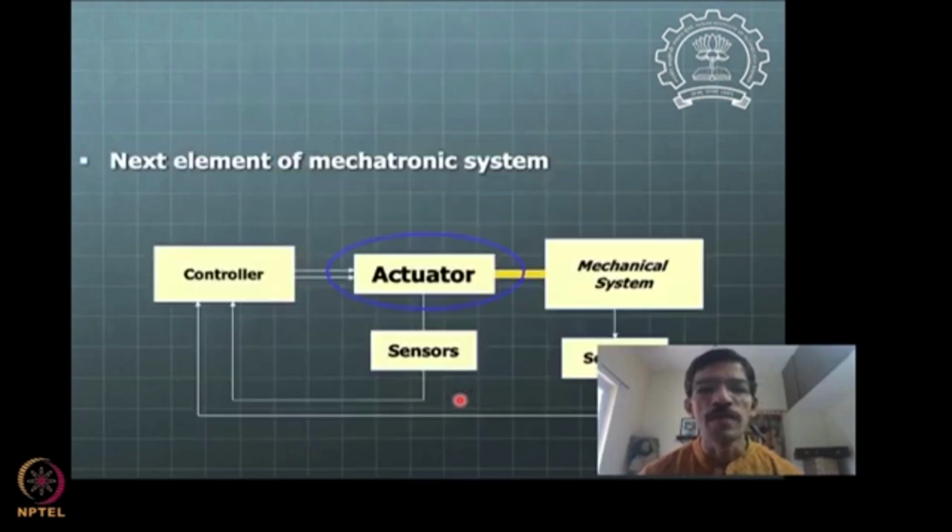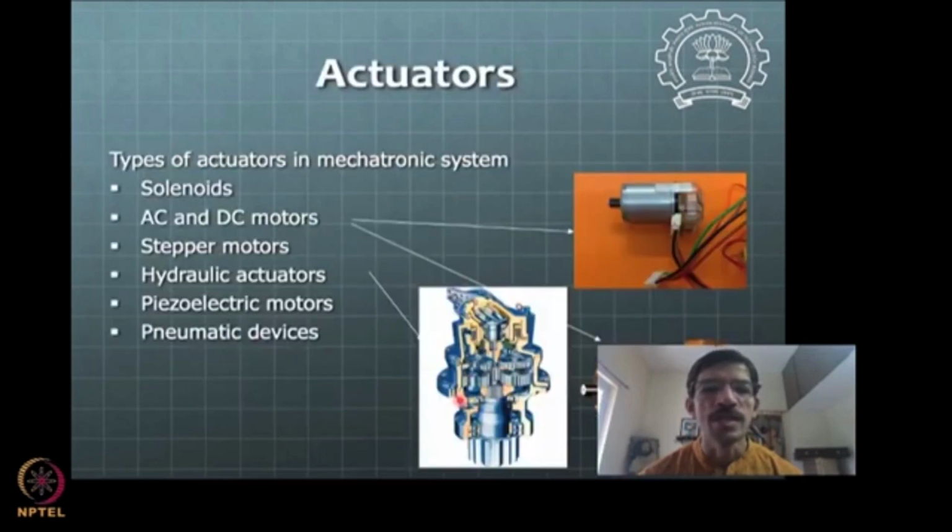Then we have the next element, which is the actuator in the system. Now for actuators, we have lots of different choices. From the mechatronics perspective, I'm not really talking about the many different kinds of actuators found in the literature. We can have actuators which are servo controllable, and that is what is important here.